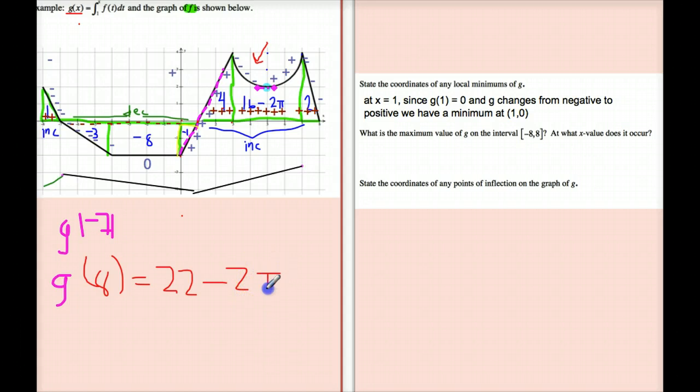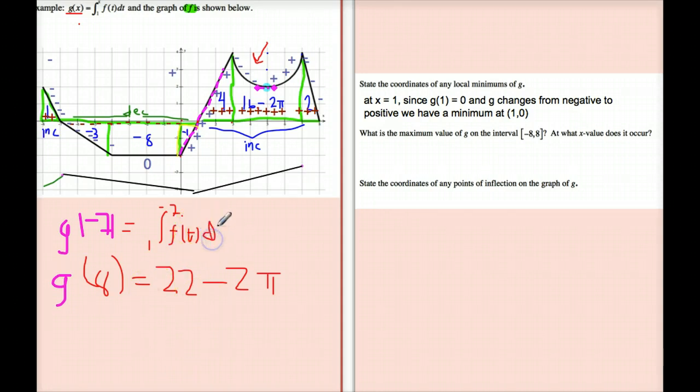We've got to find the answer for g of negative 7, which means I go from the integral of 1 to negative 7 of this function, f of t dt.